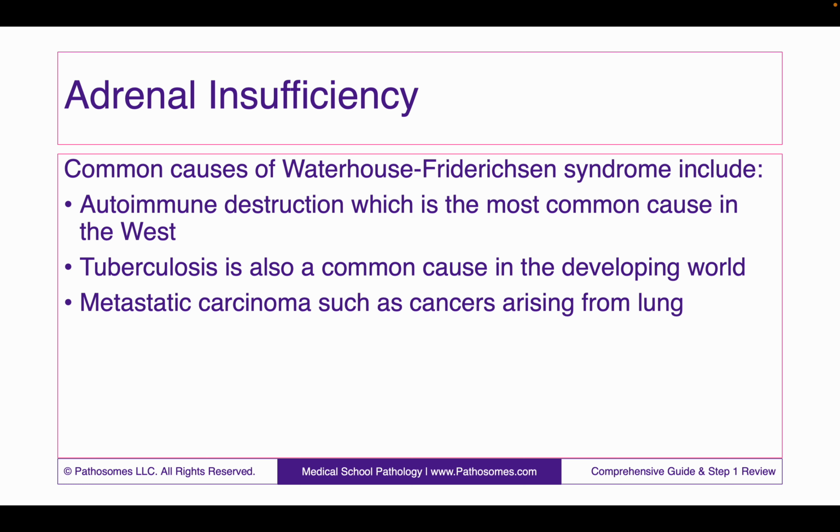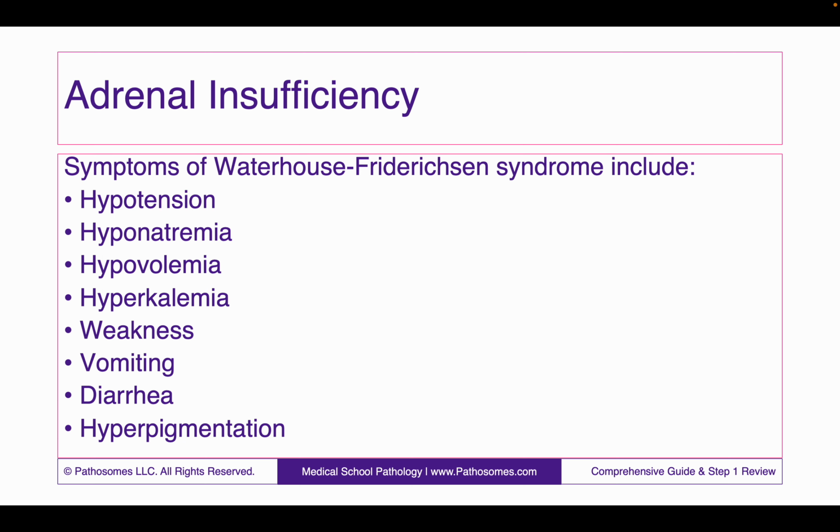Tuberculosis is also a common cause in the developing world. And metastatic carcinoma, such as cancers arising from the lung. Symptoms include hypotension, hyponatremia, hypovolemia, hyperkalemia, weakness, vomiting, diarrhea, and hyperpigmentation.